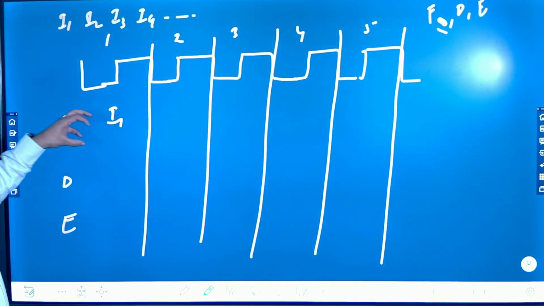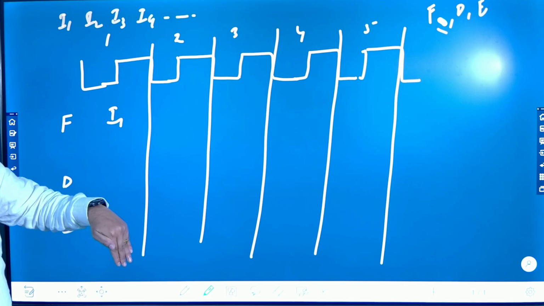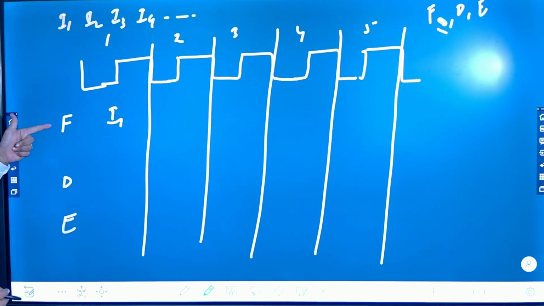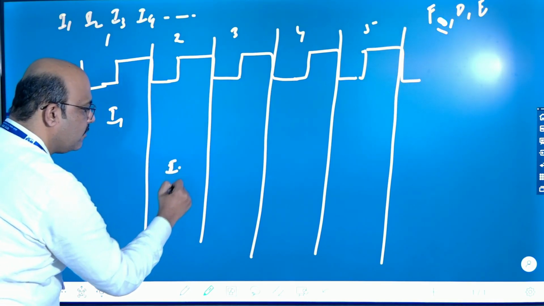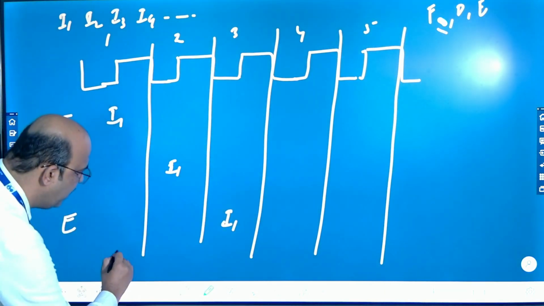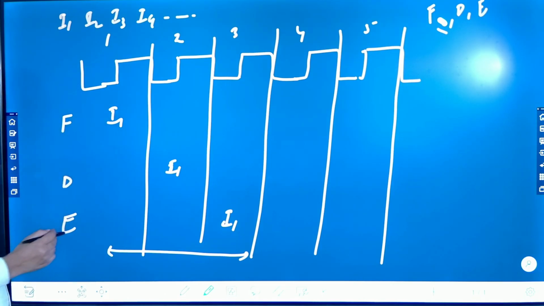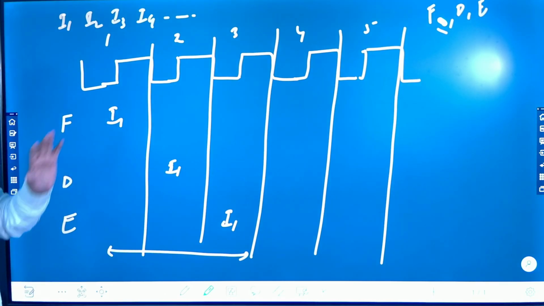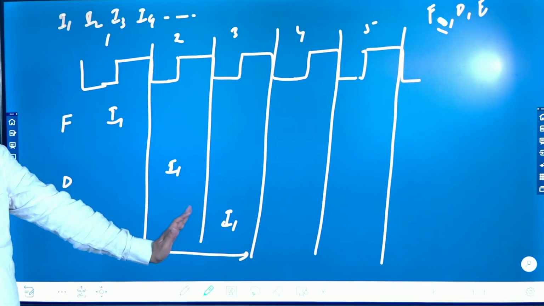So the fetching of I1, then what is the next process to execute I1? Fetch first, then second, decode and then execution. So it will move here and then it will move here. So how many cycles, you can say the clock cycles? 3, right? So for execution of I1 we need 3 cycles, right?